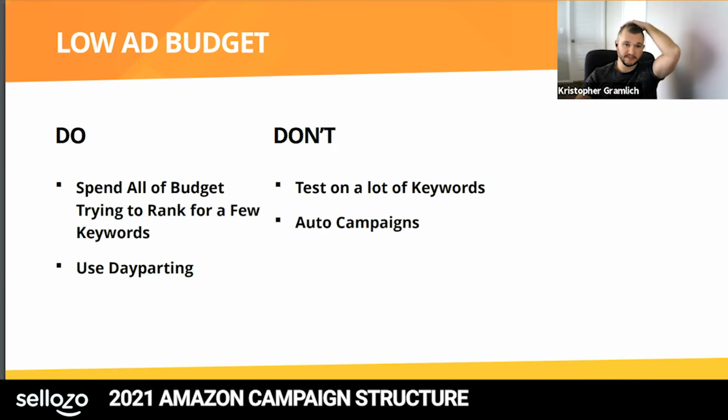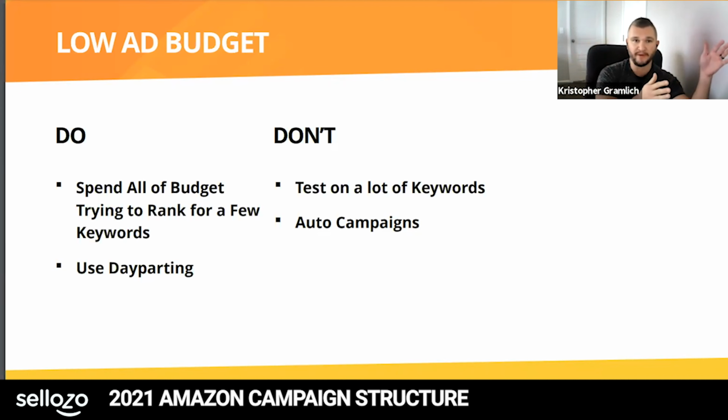The first one I'm going to go on is the day parting option. Inside Sellozo, what you can do is clone campaigns. You can do this in Seller Central, but it's a lot easier in Sellozo. You can set times for each of those campaigns, set them differently.